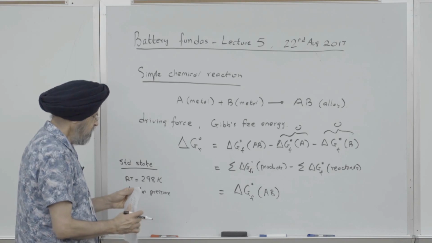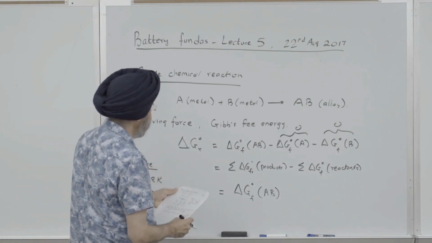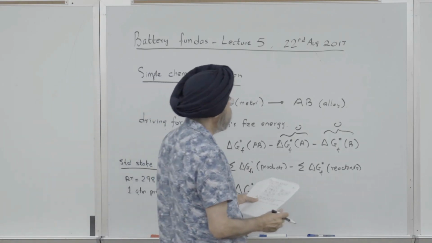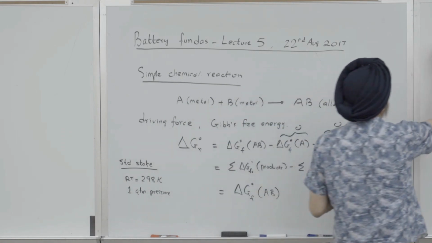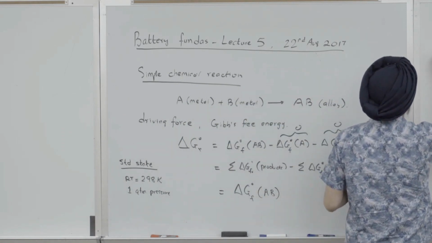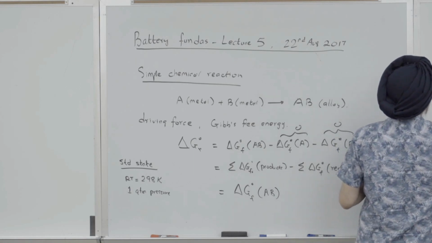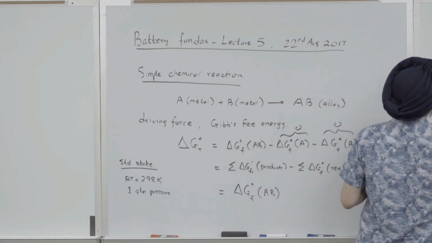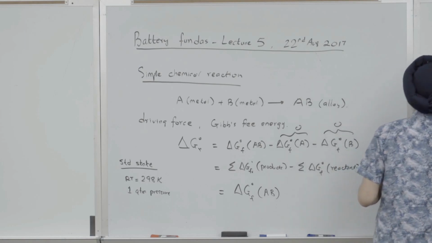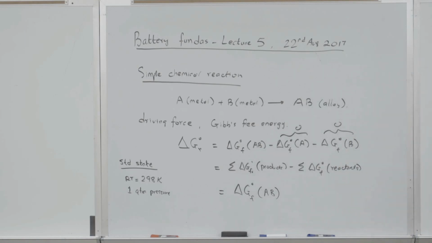To put it in a different form, we have metal A and we have metal B. Let's put them in physical contact. As a result, they'll be alloying.